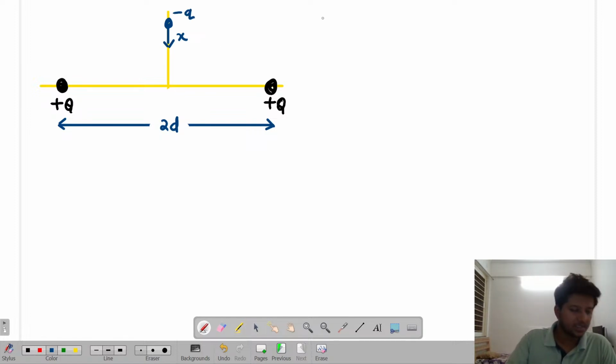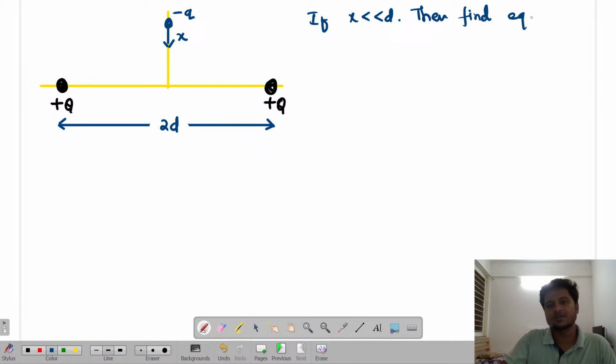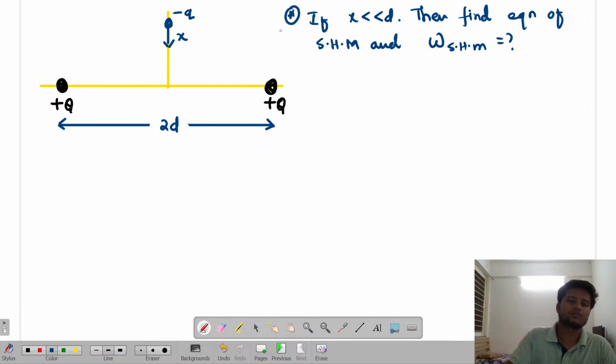Then the question is, if x is less than d, then find the equation of SHM and the angular frequency omega of SHM. If this is a perpendicular bisector, 0, 0.